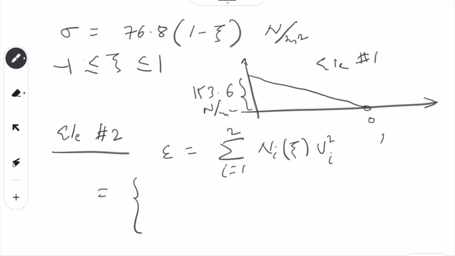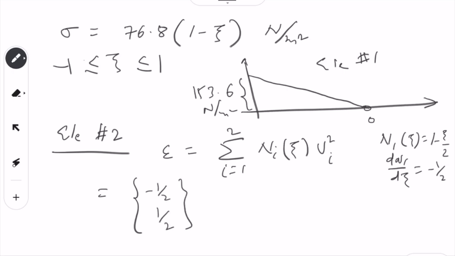If you remember, we had N1 of xi, it varied as 1 minus xi over le, le equal to 2, and hence dN1 over dxi was minus half. So what we get here is minus half and half, basically, transposed and multiplied by u1 u2.